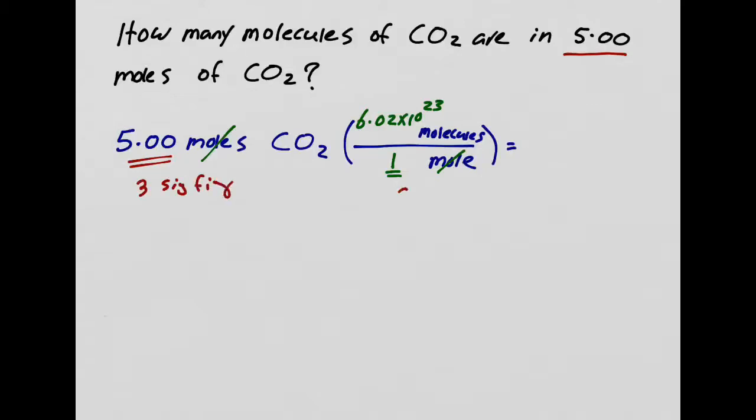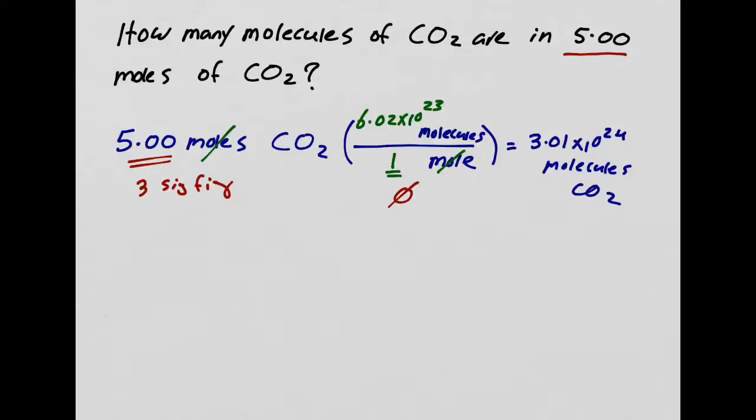Beautiful. This one doesn't count, it's an exact number, it's a conversion, you didn't measure it, so our final answer should have 3 sig figs. If I do this, what I end up getting for the final answer is 3.01 times 10 to the 24 molecules of carbon dioxide. So far so good?